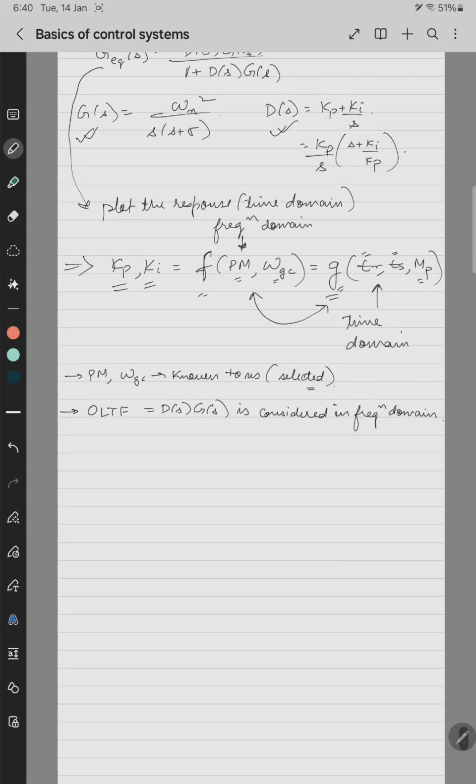So that's why we have to take the open loop transfer function for tuning the controller parameters.